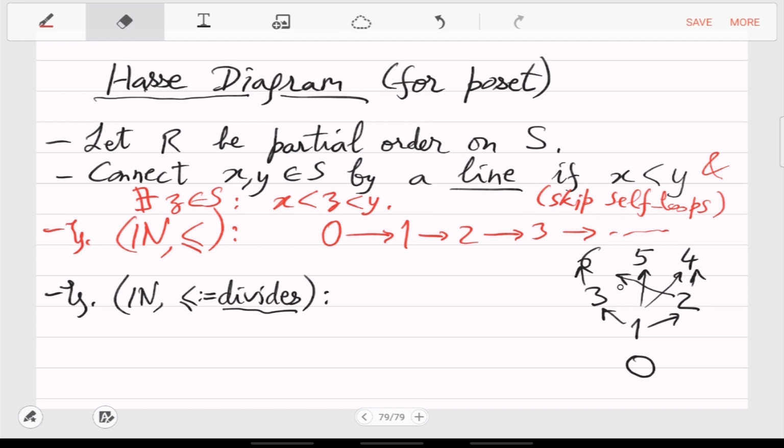One and 6 and 1 and 4. Is that fine? Okay. Is this clear? So that is hopefully the correct diagram. Yeah. So now do you see that if I draw a diagram, then it will define a poset, an order?